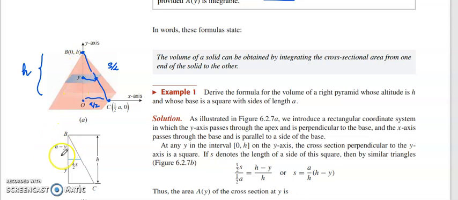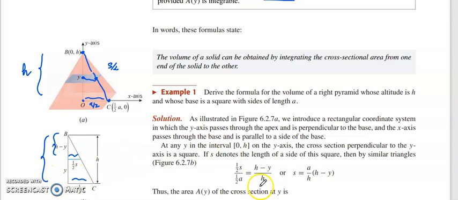Now these two are right triangles. By the similarity of these triangles, the ratios of the sides will be equal. So s by 2 over a by 2 will be equal to h minus y over h.